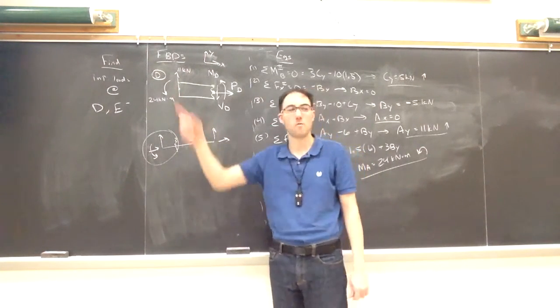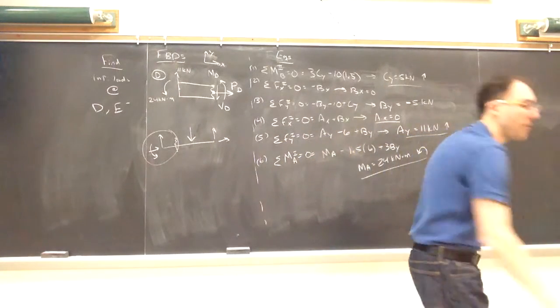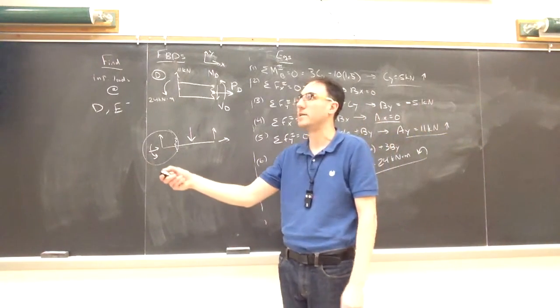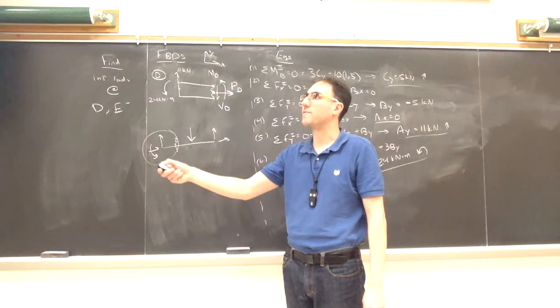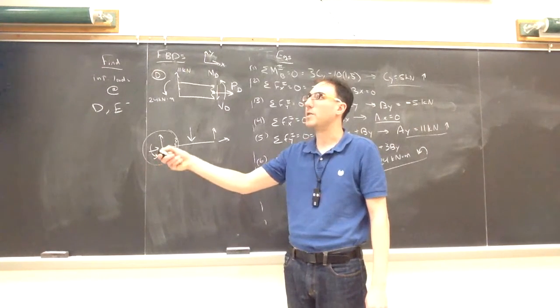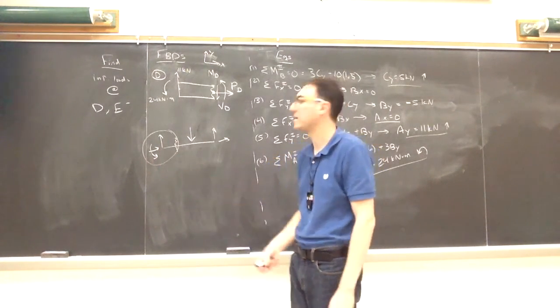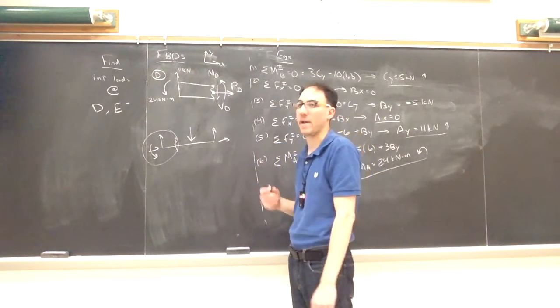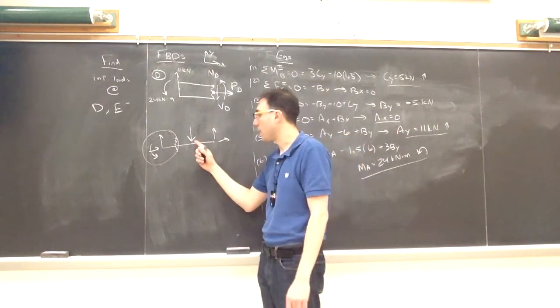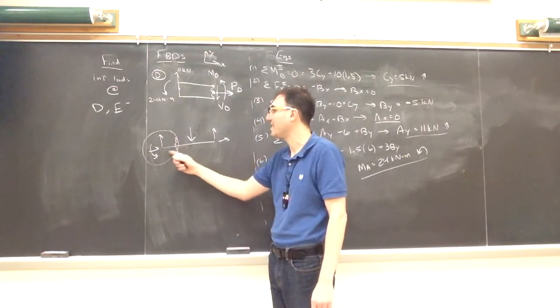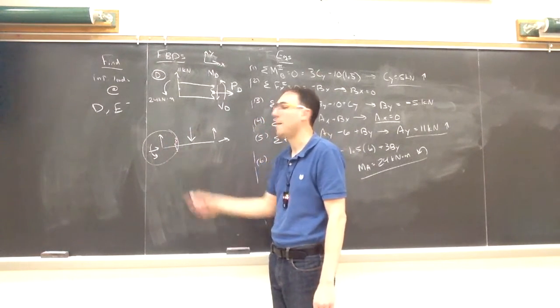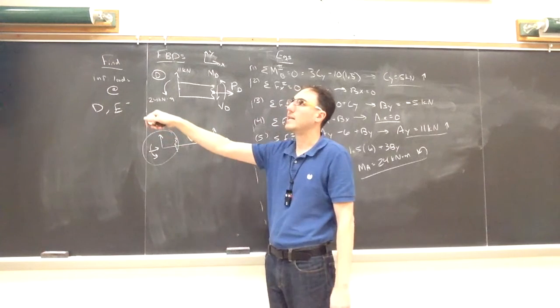But if I go back to my original drawing, my original diagram, where it's not been simplified, if I take everything to the left, I now have to include the amount of the distributed load that acts on this section that goes from A to D. So here where I simplify it to a point load, it's not included in this picture, but in this picture it does.